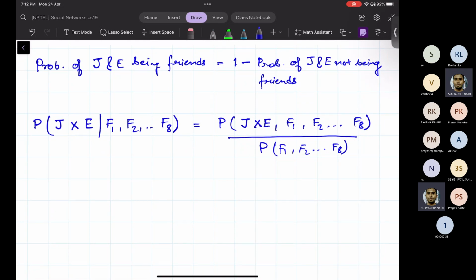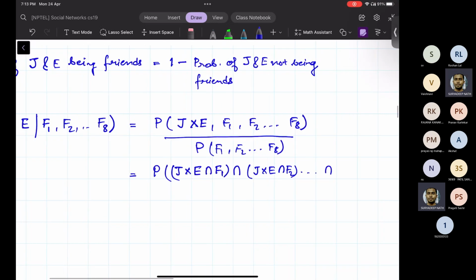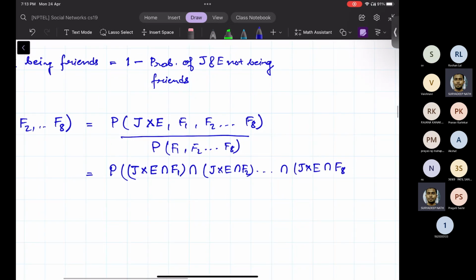Now we assume that they are independent, that they made friendship with F1 independently of making friendship with F2, and so on. So the upper term can be written as J and E not being friends and being friends with F1, intersection J and E not being friends and friends with F2, and so on till J and E not being friends and friends with F8.